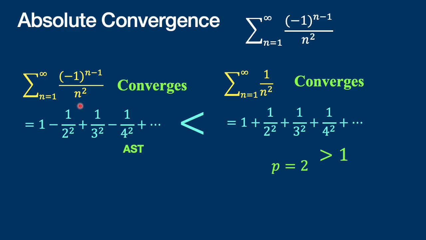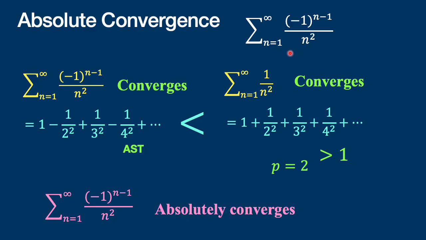What does this tell us about this one? This one is an alternating series right here. You make all the terms in the series positive. That's the P series. This series converges. The original series converges. We're going to say this alternating series is going to converge absolutely.